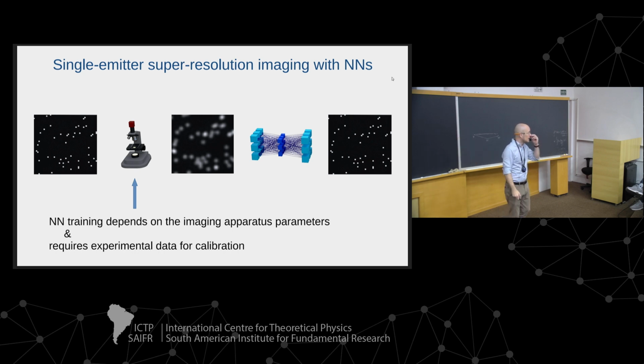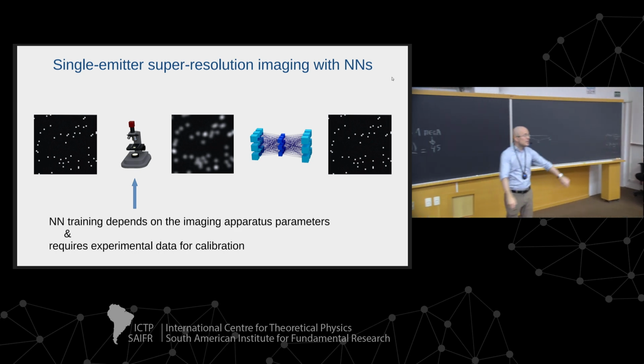Plus, of course, you may use a different microscope, for example, one is bright field, the other one is dark field, or a polarization-based microscope, or something like this. So you change the instrument, and it means that you have to train this network from scratch again, and you need a full calibration of your optical device.